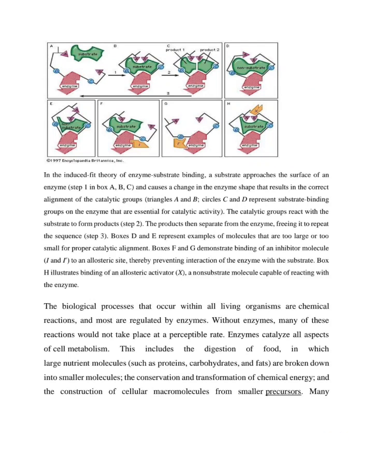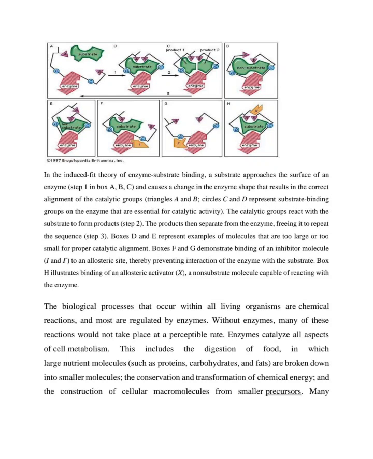This figure indicates the induced fit theory of enzyme substrate binding. In step 1, a substrate approaches the surface of an enzyme in boxes A, B and C and causes a change in the enzyme shape. This results in the correct alignment of the catalytic groups.